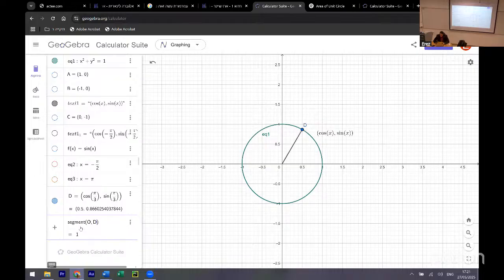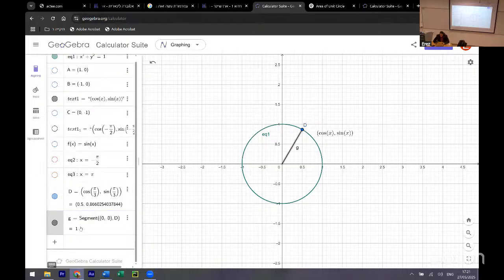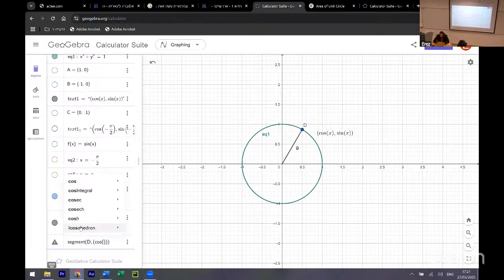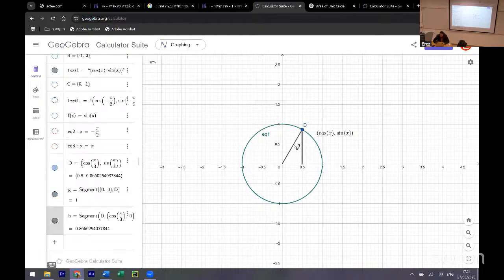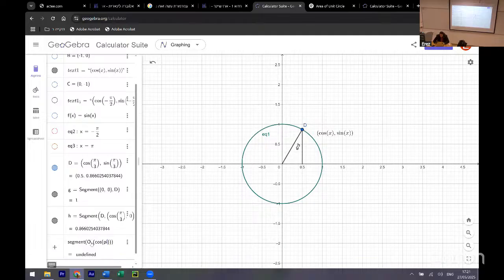Segment OE, as we did, and segment B and cosine of pi over 3, 0. Okay, look at that triangle. I should have named it, whatever. Segment O, cosine of pi over 3, 0.